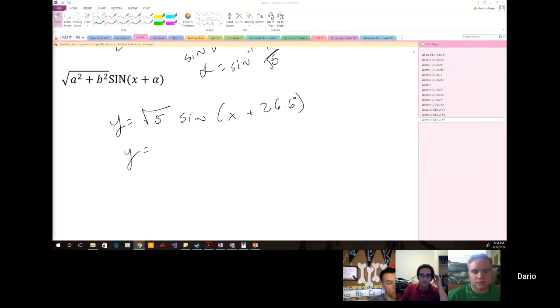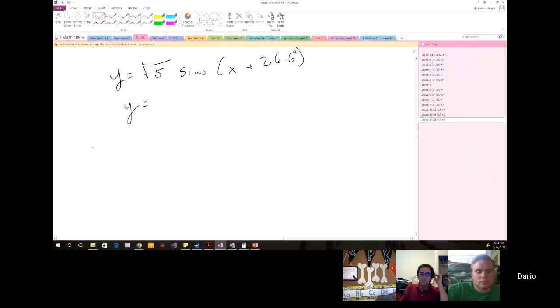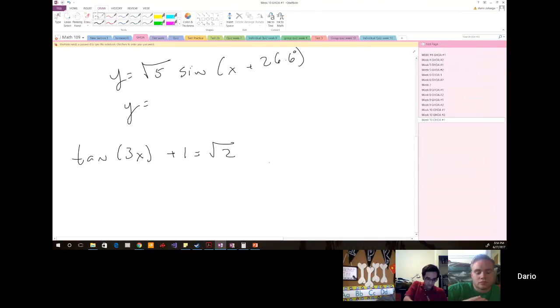The following work guides you through solving this equation. Let me copy it over. So we've got tan of 3x plus 1 is equal to the square root of 2 secant of 3x.